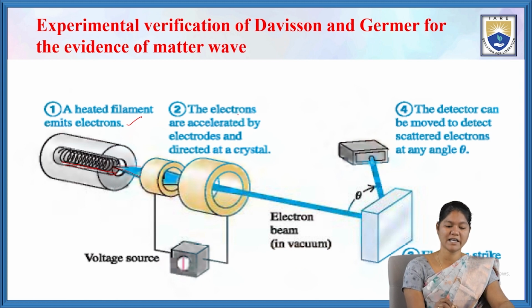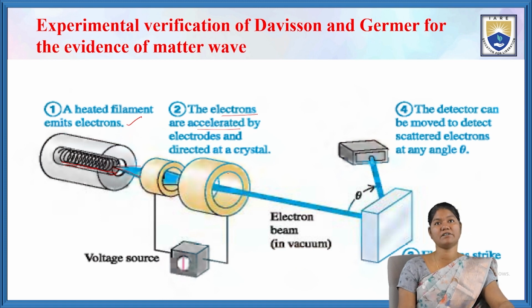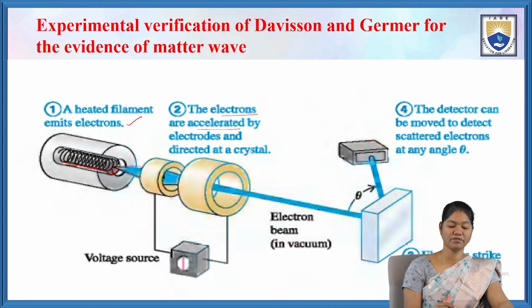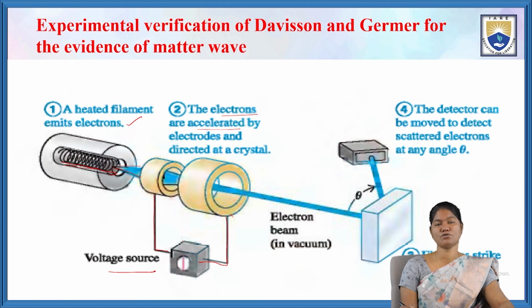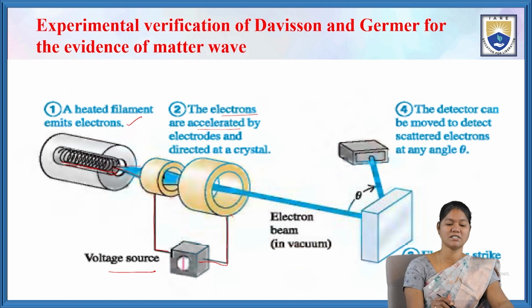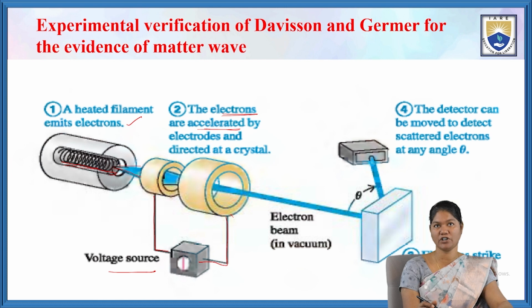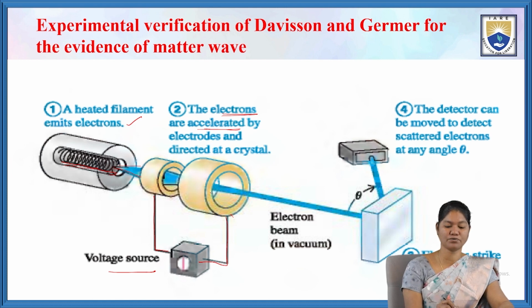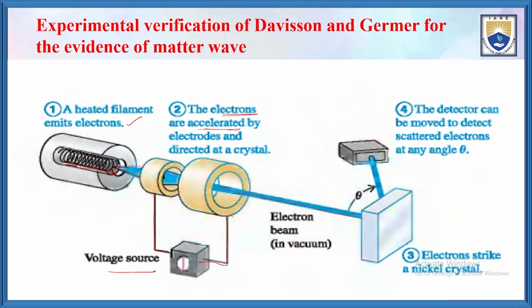Then the electrons are accelerated by electrodes and directed at a crystal. Here we are giving some potential difference, connected to a voltage. With a certain potential difference, the electrons are accelerated with sufficient velocity and passed towards the electrodes, so that we get a fine beam of electrons.